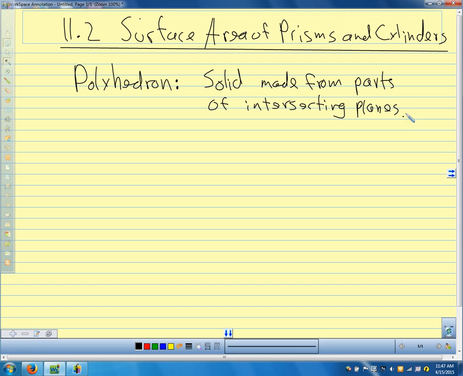So we have all these flat pieces that are being put together to make a polyhedron. The sides are polygons.